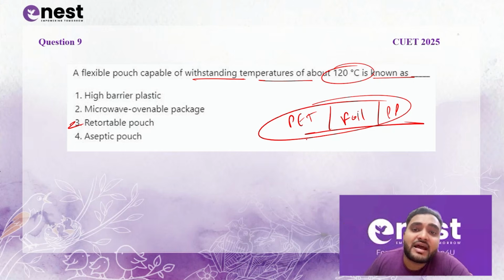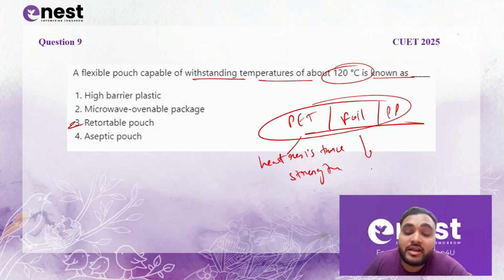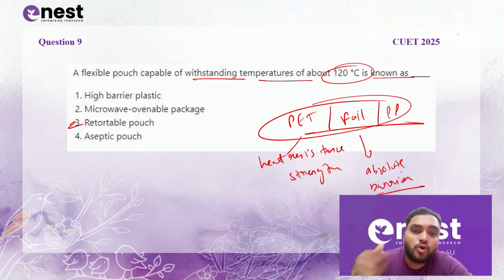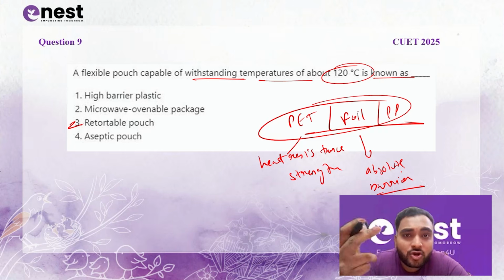Every layer has its own advantage. PET gives heat resistance and strength. If you talk about foil, aluminium is an absolute barrier. That means no gas, no water, no microbe can permeate through aluminium foil.